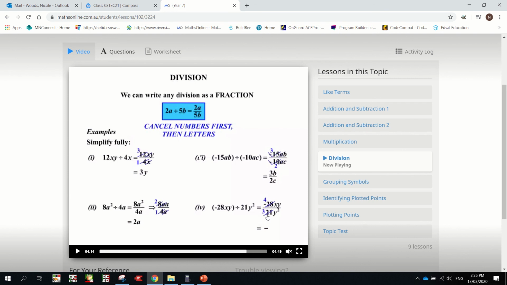So 7 goes into 21 3 times, 7 goes into 28 4 times. He knows he has to leave that x, and now he's finding his y's. Okay, he got rid of the top one, and he got rid of one of them in the bottom to leave one of them. Okay, negative 4x over 3y.